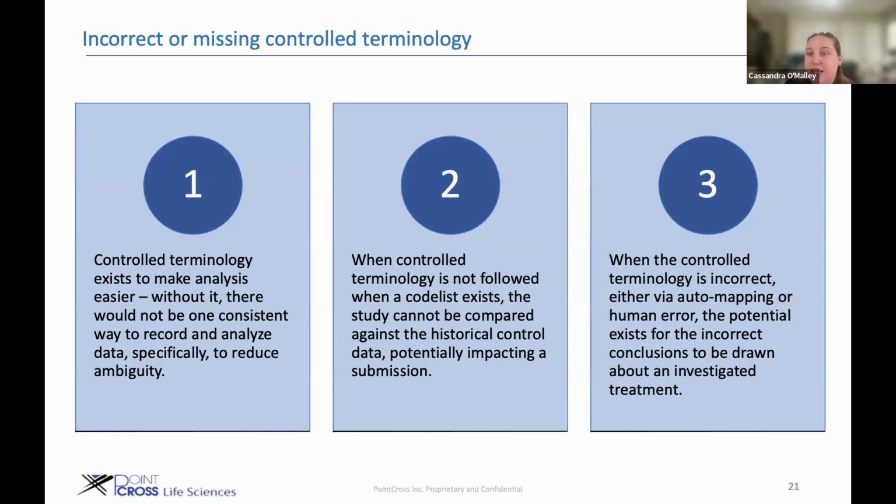Everyone has different lab systems, different veterinarians, different technologists who are using their own language to describe the findings that they see. Without controlled terminology, when the code list is not followed, none of this information can be accurately compared against each other. The purpose of controlled terminology is to reduce ambiguity.